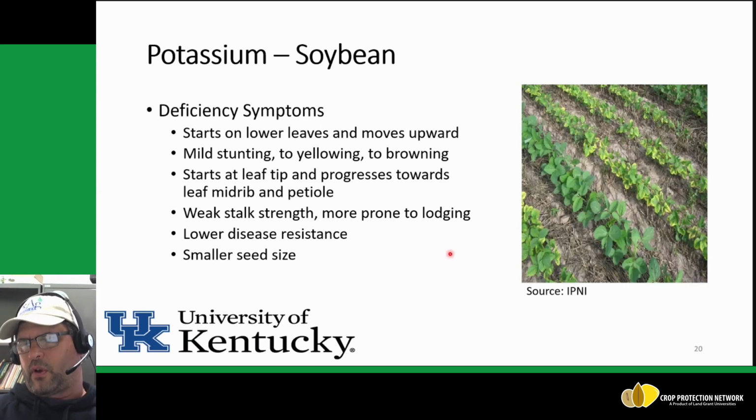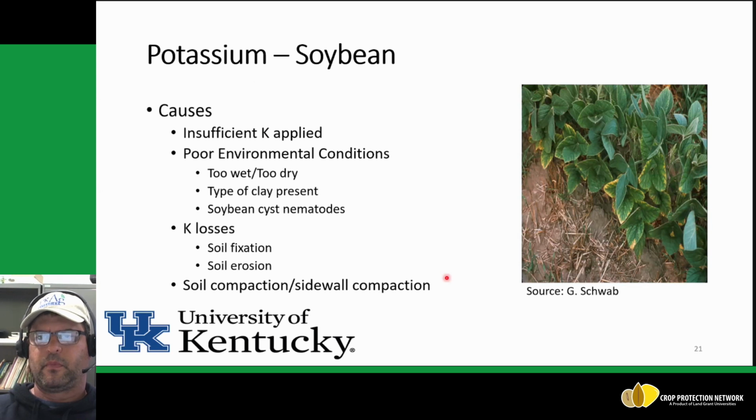Weak stalk strength, and potassium deficient plants are more prone to lodging. It also lowers the disease resistance and can result in a smaller seed size. Causes, again, insufficient K applied or insufficient K available from the soil. We have the same typical poor environmental conditions, either too wet or too dry, the type of clay present, and then soybean cyst nematodes.